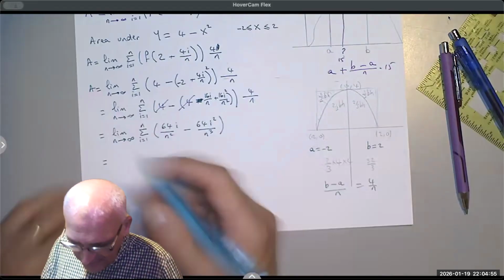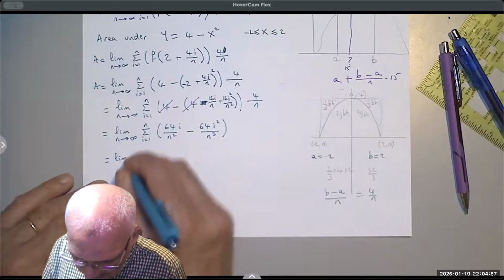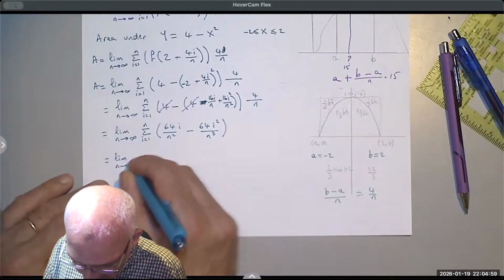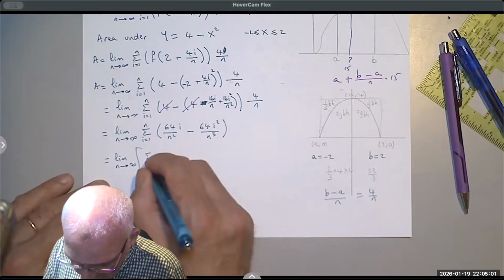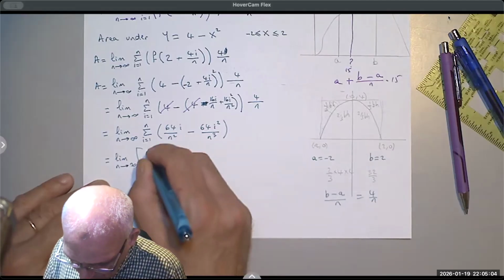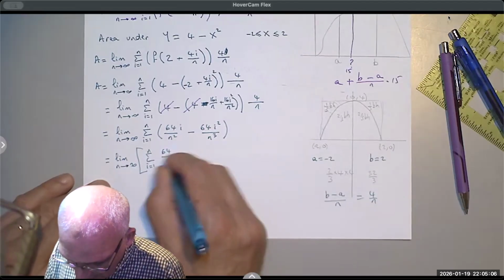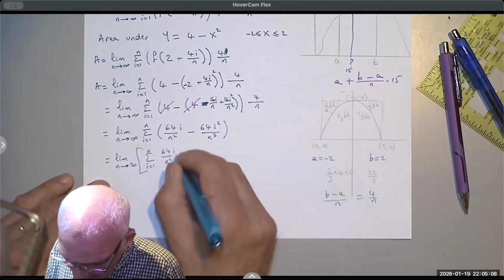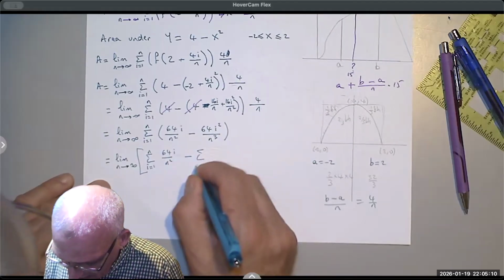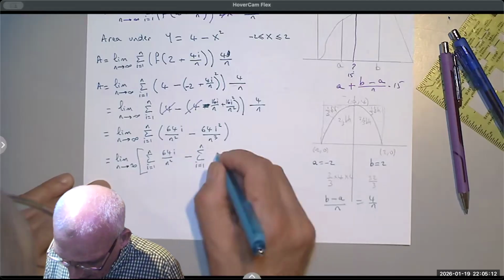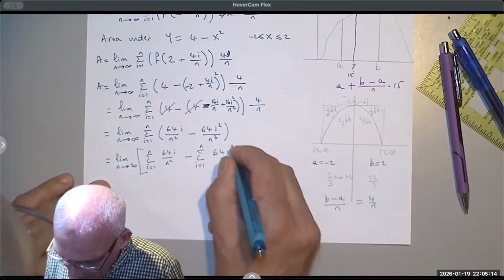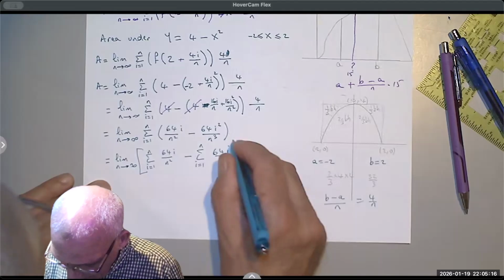So let's play it safe and say it's the limit as n approaches infinity of the summation i going from 1 to n of 64i over n squared minus the summation i going from 1 to n of 64i squared over n cubed.